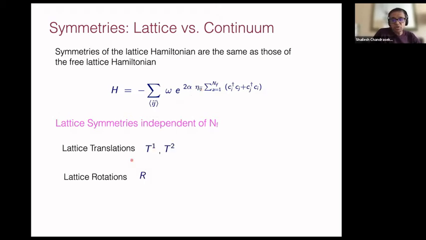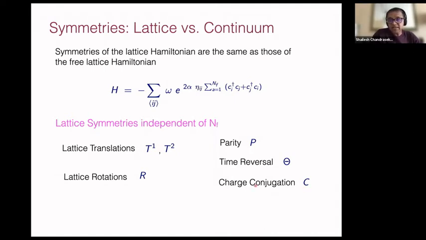And so we know the usual symmetries that are independent of NF, that come from just simple translations on the lattice. There are two directions, so there are two translations by one unit. Then there are, of course, lattice rotations, there's parity, there's time reversal, and then there's charge conjugation, which is related to particle-hole.